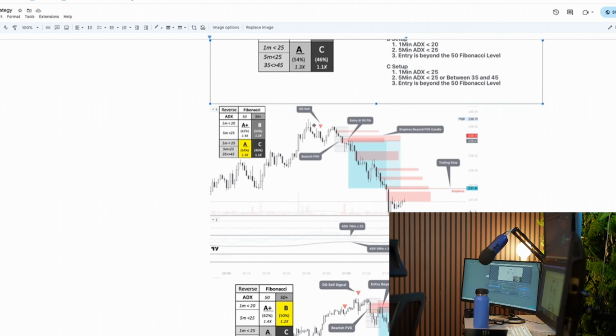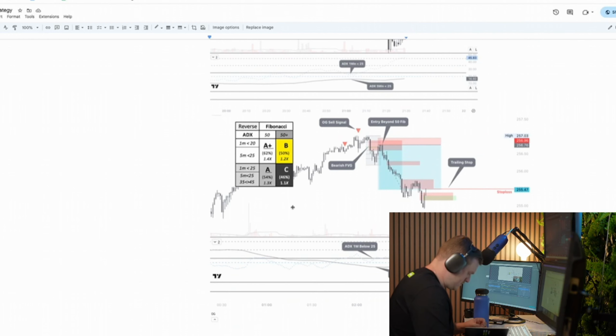We get our sell signal, we get our change of character, and we get our fair value gap right there, showing the price coming up, retapping into this fair value gap. If we fib the swing high to the swing low, it's also at the 50% level, showing when price returns to this level, we reject off of it.